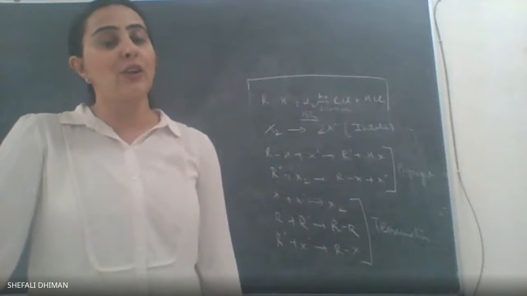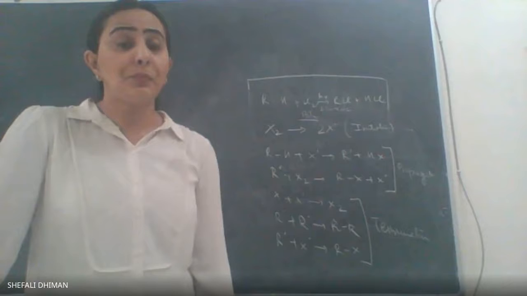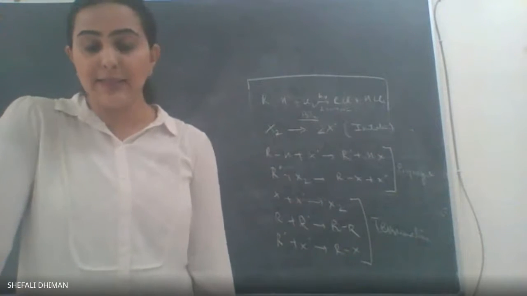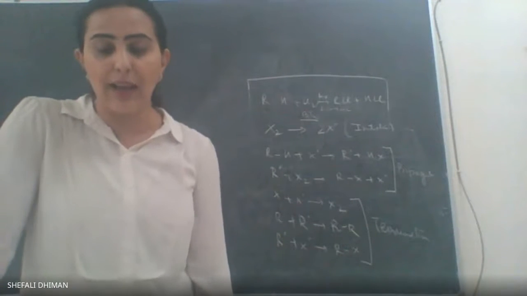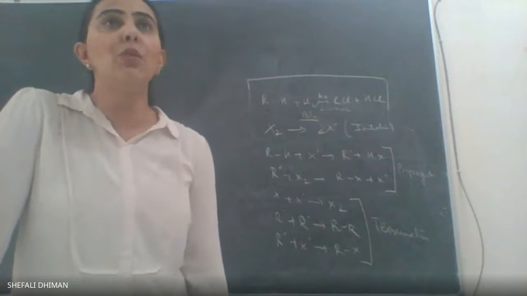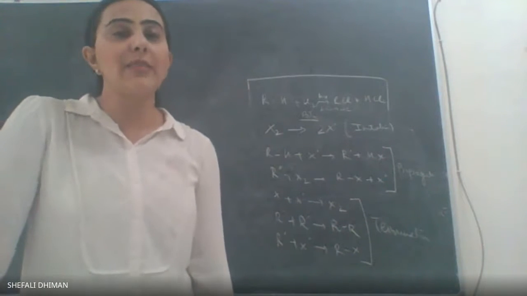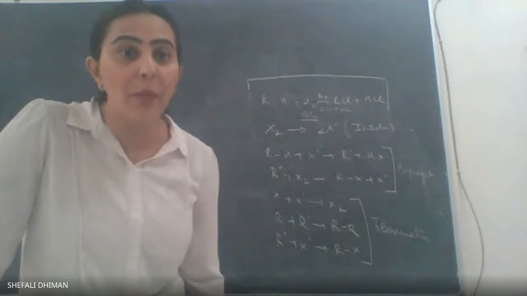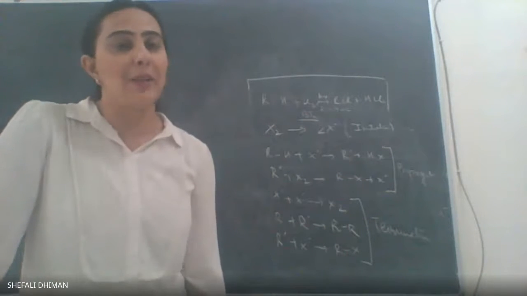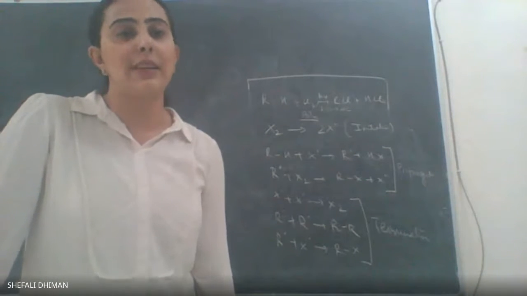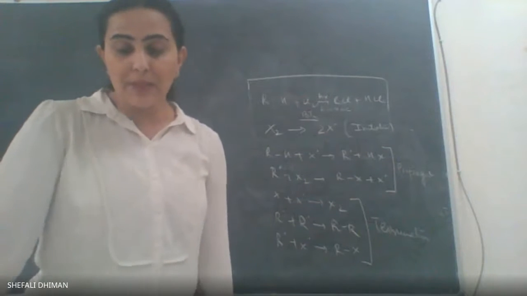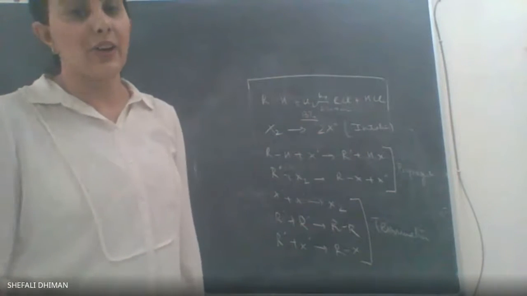If I want to add chlorine, I would be using NCS. There is another reagent, tertiary butyl hypochlorite. But the most common reagent which carries out selective bromination is NBS, N-bromosuccinimide.